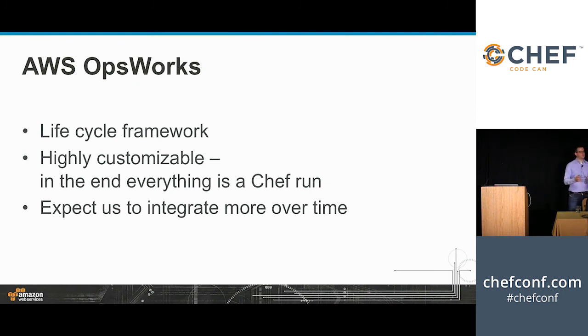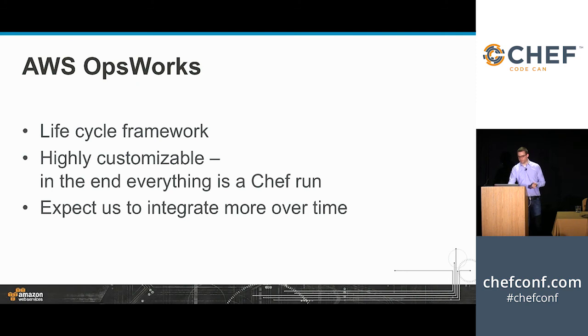Maybe under the hood, things will work a little bit differently, but to the cookbook, the APIs will be the same. The behavior will hopefully be identical. Today, like I said, in a couple of places, like encrypted data bags or search, it's a little bit different, but hopefully not for very long.